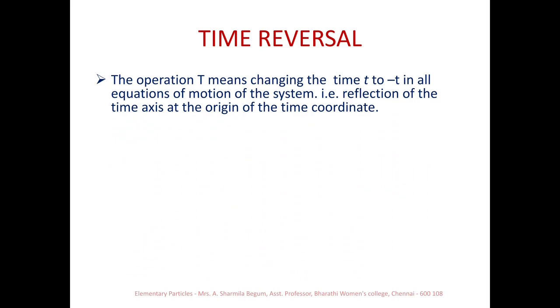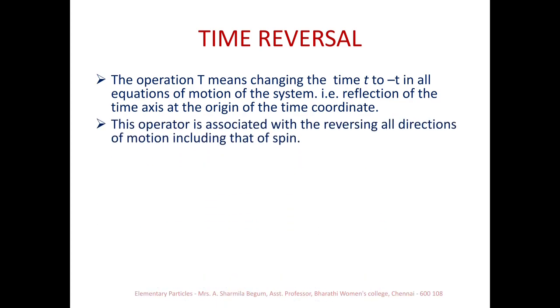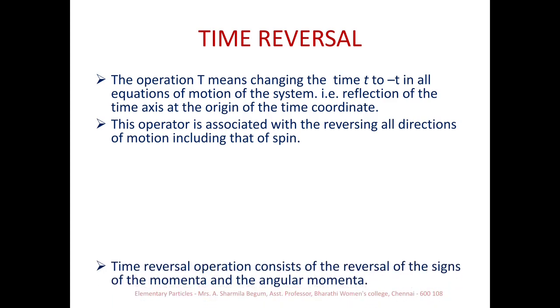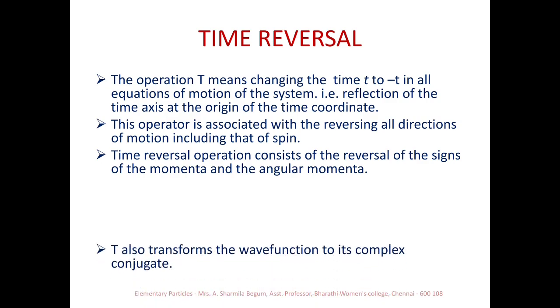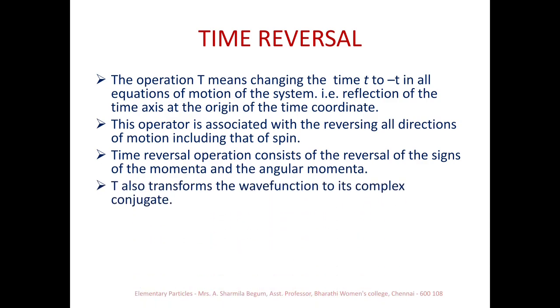The last one is time reversal. The operation T changes the time t to -t in all equations of motion of the system. That is the reflection of the time axis at the origin of the time coordinate. This operator T is associated with reversing all directions of motion including that of spin. The time reversal operation consists of the reversal of the signs of the momenta and the angular momenta.